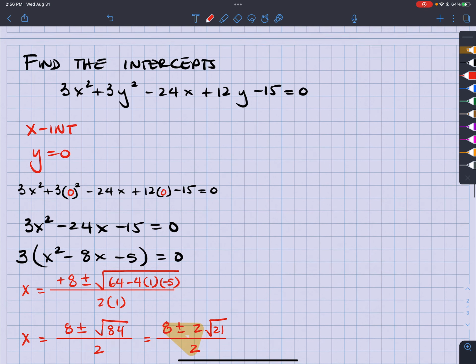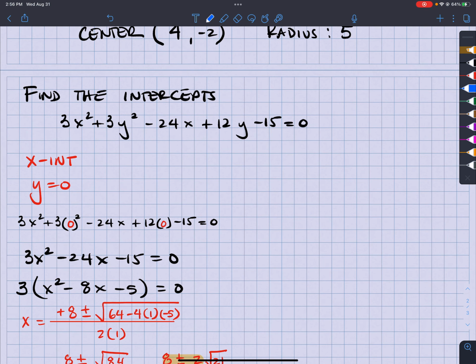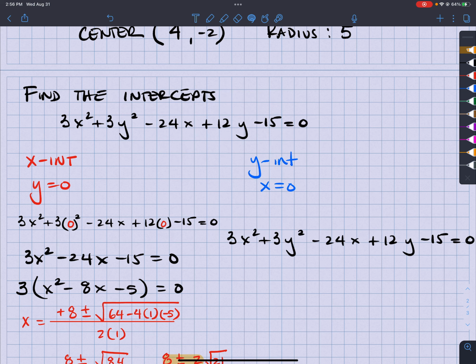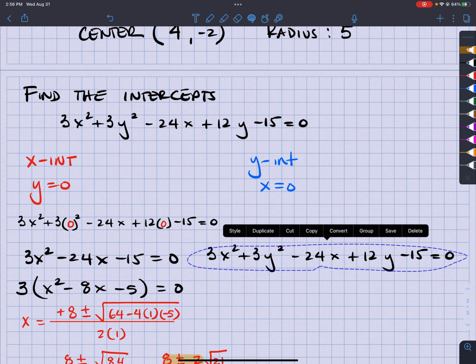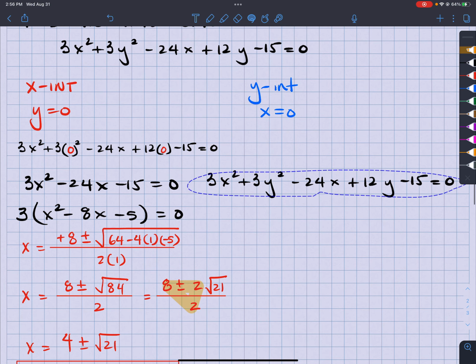Okay. Now I want to find my y-intercept, which means my x is equal to 0. Okay. So let me go ahead and grab this again. Put it down here for now. So I need to replace the x with 0. Right?